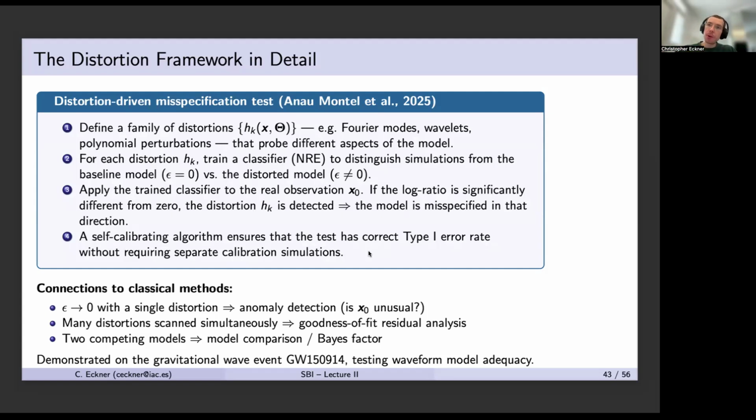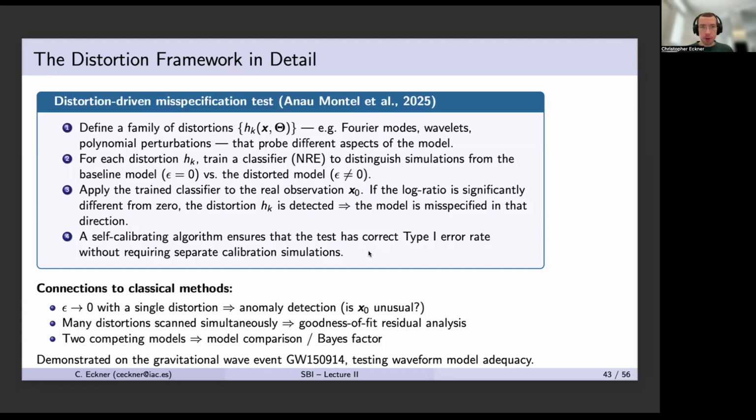So it also gives you an actual quantitative handle on what type of distortion your real data seems to require and what your actual model does not include.